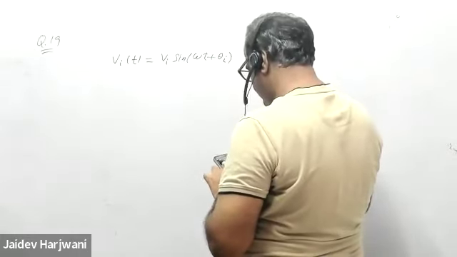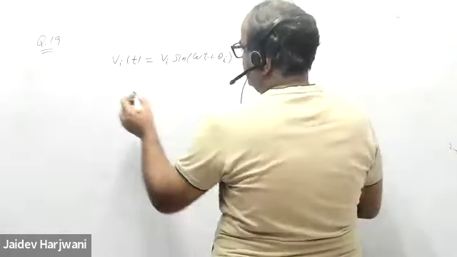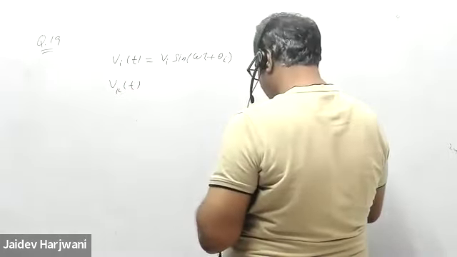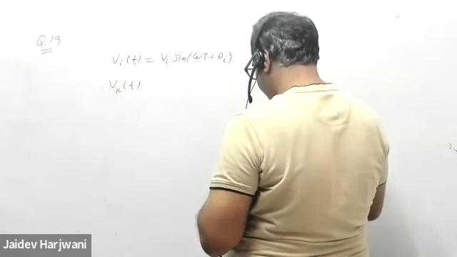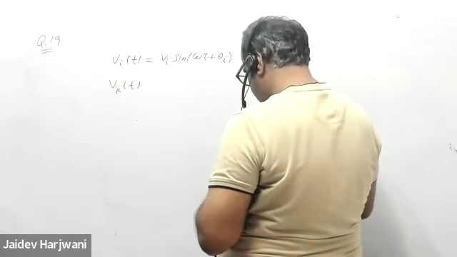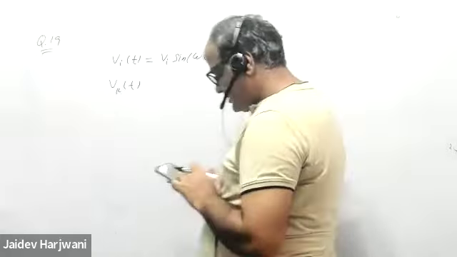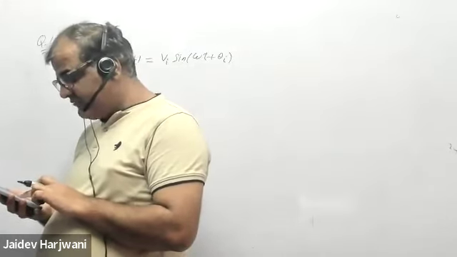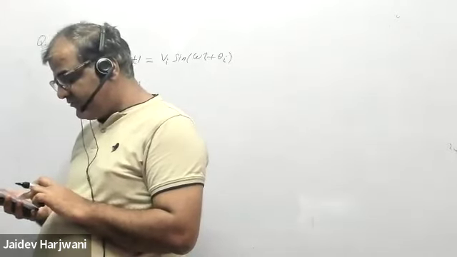And then you multiply it by a reference signal. The reference signal should be the same in frequency. The signal is multiplied by a reference signal of same frequency, with amplitude V_R and phase theta r.